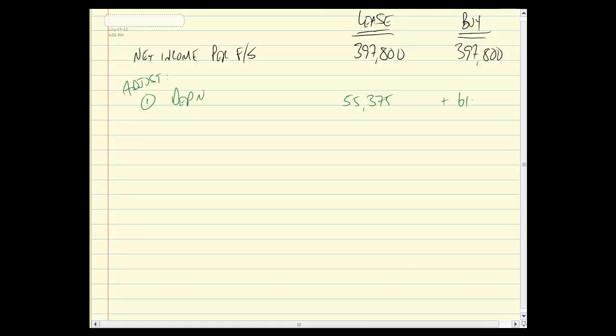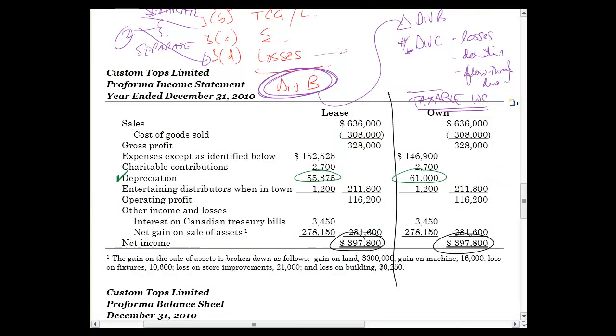Okay, so 55,375 and 60. So all we're doing is saying, first of all, I'm not getting shut out on the question, right? I've earned at least a couple of check marks. Not getting zero, that's always nice. And so we're off to the races.